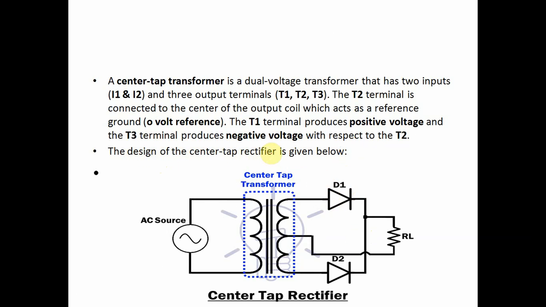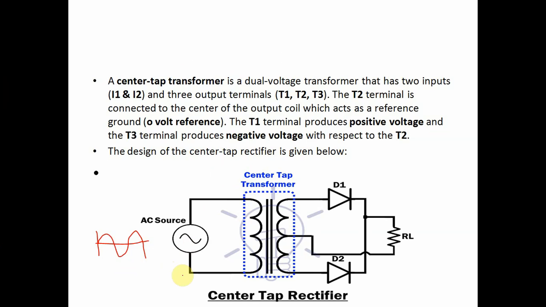The design of the center tap rectifier is as given below. This is the construction diagram of the center tap rectifier. Here we apply the input, which is the AC supply. This AC supply is applied to the center tap transformer, and two diodes are used, D1 and D2, and the output is taken across load resistance RL.